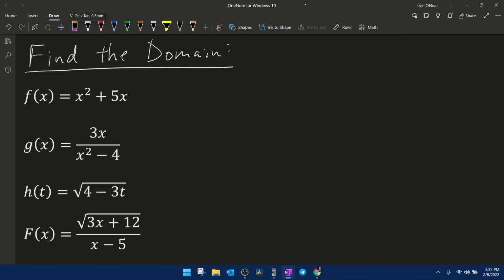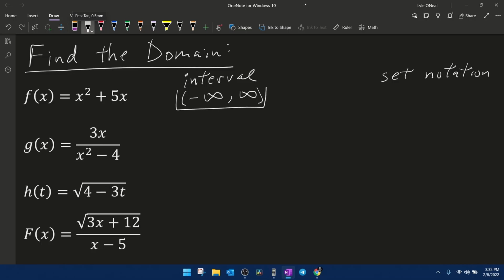Now, there are 2 ways to write the domain. We can write the answer in interval notation or set notation. You probably should know both of these. So for the polynomial function, since there are no restrictions, x can be anything from minus infinity to infinity.